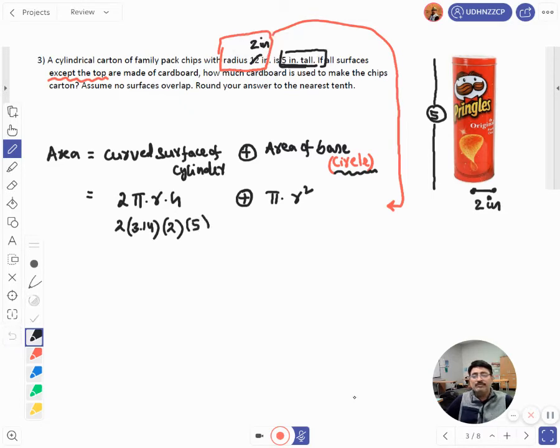So times 5, plus pi value 3.14 times radius square, 2 square. Now let me grab my calculator and compute: 2 times 3.14 times 2 times 5, which is 10, plus 3.14 times 2 square.